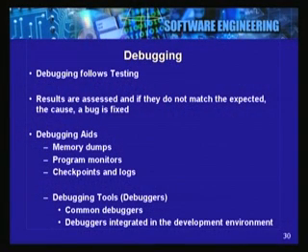And then we will have a couple of points on debugging. Debugging follows testing, and the results are assessed, and if they do not match the expected, the cause of this mismatch between expected and observed is to be fixed. Various debugging aids can be used. For example, memory dumps or program monitors, which we have seen earlier, checkpoints and logs, or tools called debuggers. There are common debuggers which can be used on a specific executable format, while the executables can be produced through different programming languages.